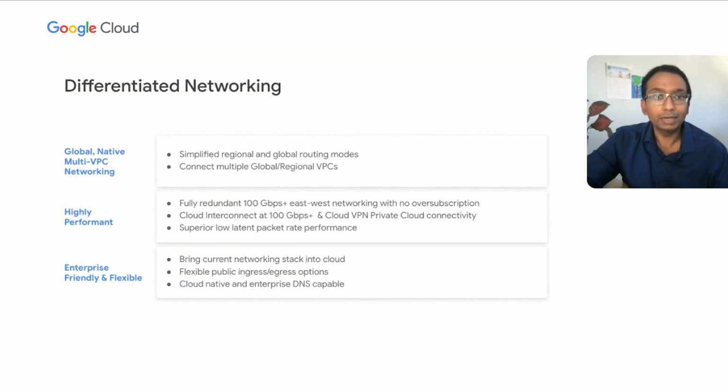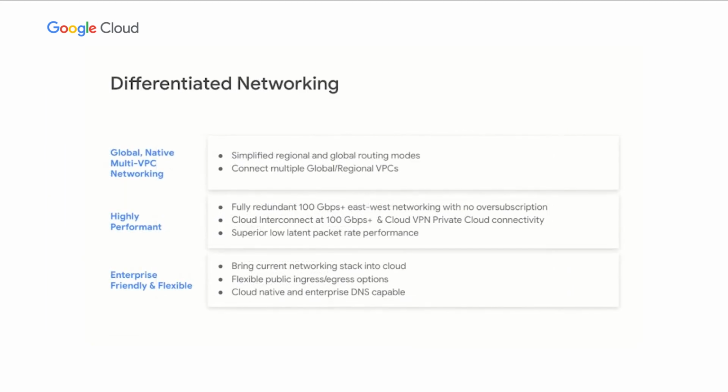With a fully redundant 100 Gbps east west networking with no oversubscription, as well as a superior low latency packet rate performance, our architecture really helps customers who have applications that are latency sensitive or have high performance networking requirements, such as voice over IP applications and other end user workloads, as you've heard from our customer testimony.